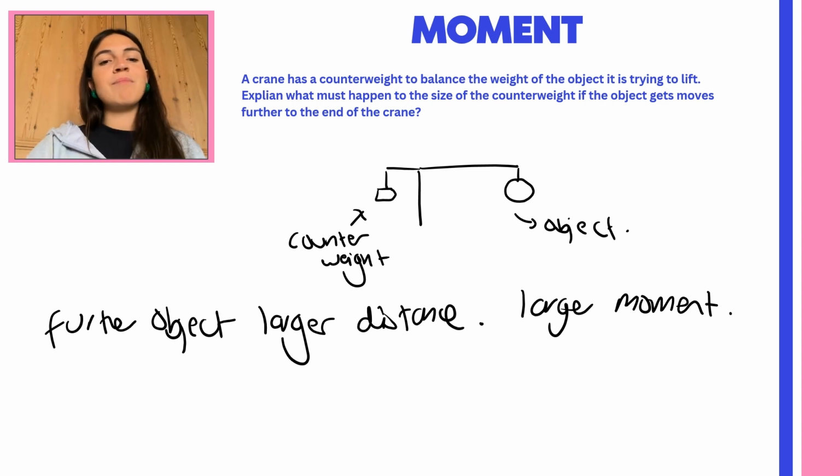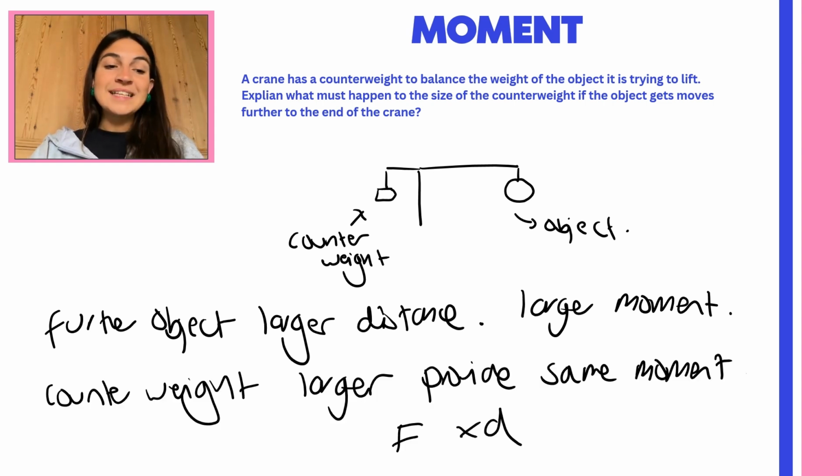So I need to match that with a larger anti-clockwise moment coming from my counterweight. And basically that means that my counterweight needs to be larger. I need to have more of it, more mass, and therefore more force to provide the same large moment that my object is now providing.